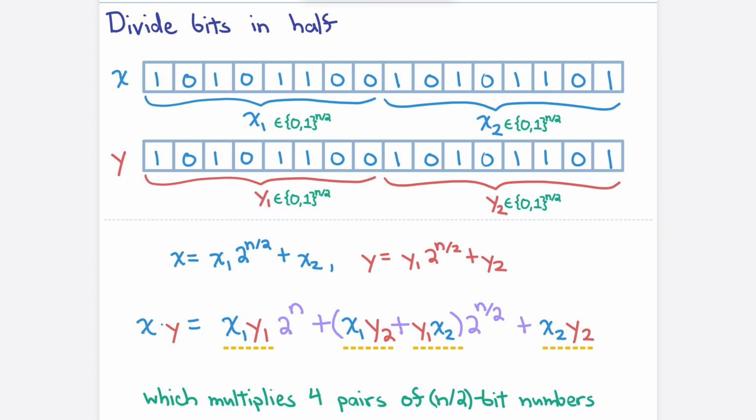So a natural thing to do is to divide the upper half of the bits, the n over 2 most significant bits, on this side for you, and the n over 2 least significant. And so this is an n over 2 bit number, and that's an n over 2 bit number. And if I want to put x back together, I don't just add them directly. I would do x1 times 2 to the n over 2, because that adds the zeros. So this is just shifting. Okay. But anyway, so that's a divide and conquer.